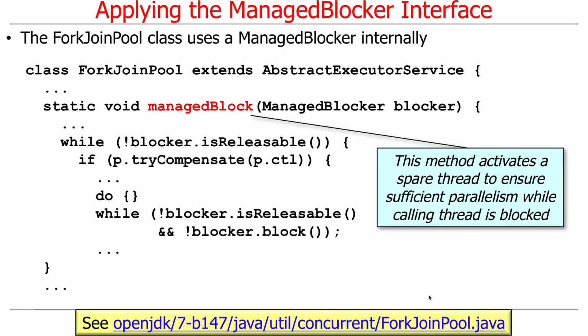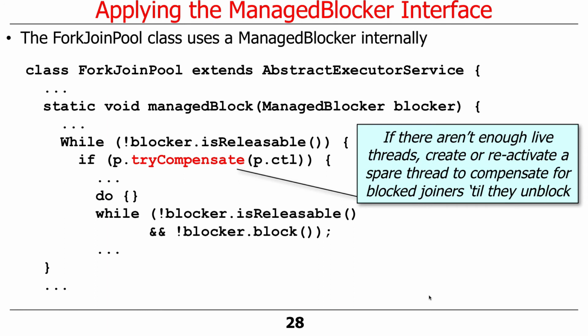And so here's the way this works. While we have to block, or while we didn't get what we wanted to, we call tryCompensate. TryCompensate is an incredibly complicated method that checks to see if there's any live threads, and if there aren't enough of them, it creates or reactivates a spare thread to compensate for the blocked thread until it unblocks.